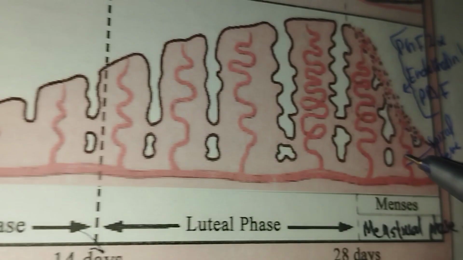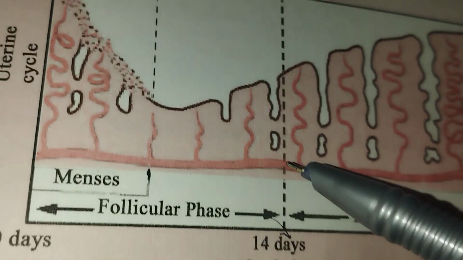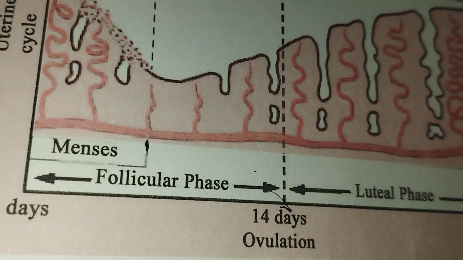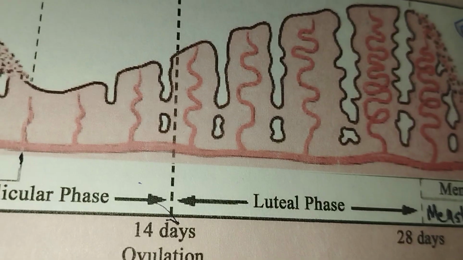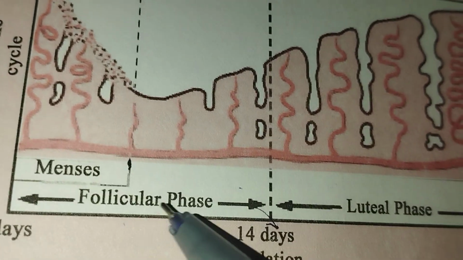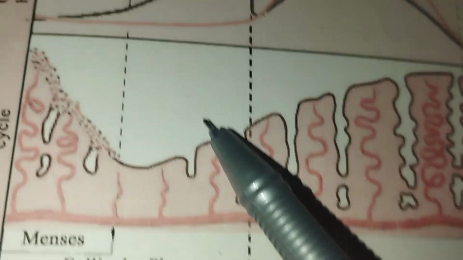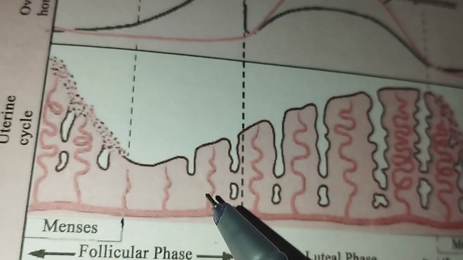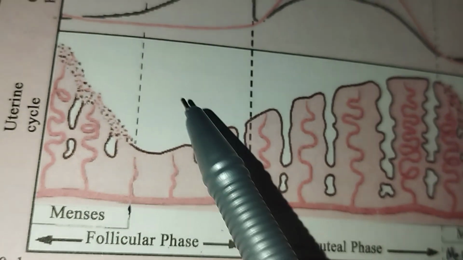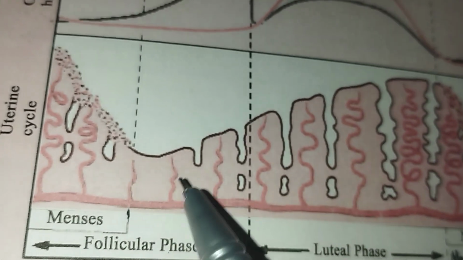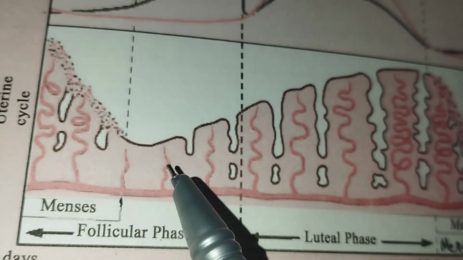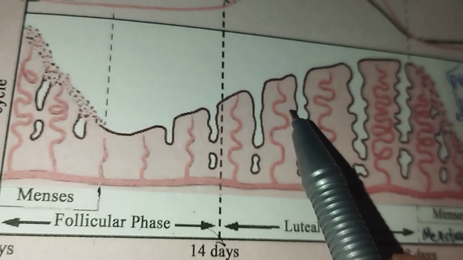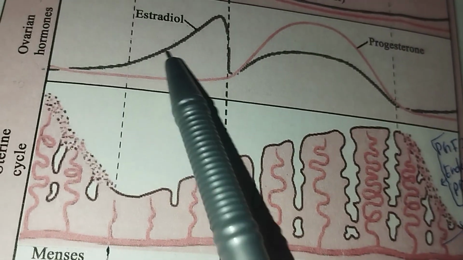So let's go into the second phase of the uterine cycle, which is the follicular phase. The follicular phase is the growth phase, which is stimulated by estrogen. So what will happen now? The low columnar epithelium will convert into pseudo-stratified columnar epithelium under the action of estrogen.